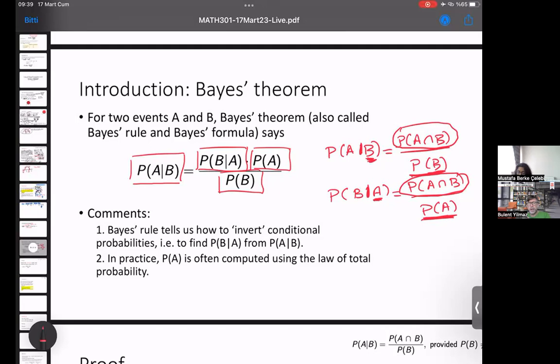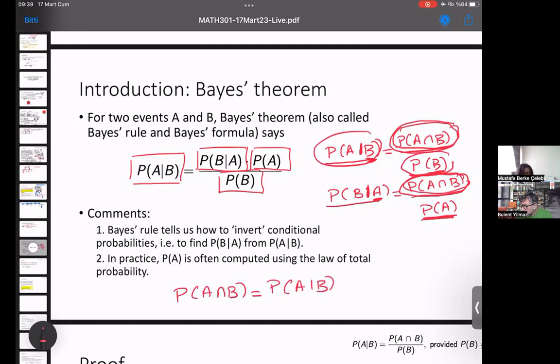Is this clear, guys? So if you think about this, if I write probability of A given B and probability of B given A, what's the common thing? It is this common, right? The probability of A and B is going to be probability of A given B times probability of B. And also, the same thing is equal to probability of B given A times probability of A. Do you understand the logic here?